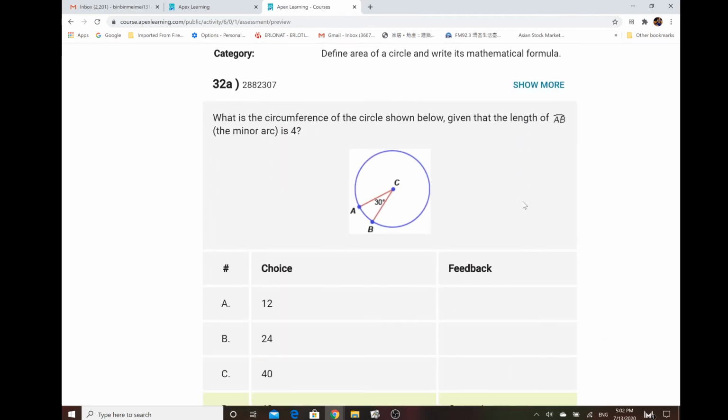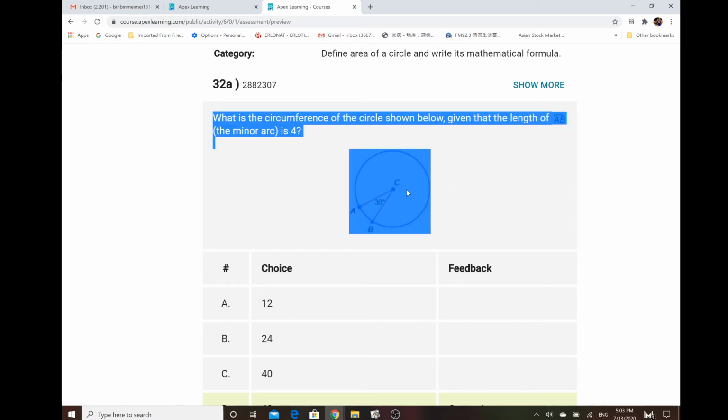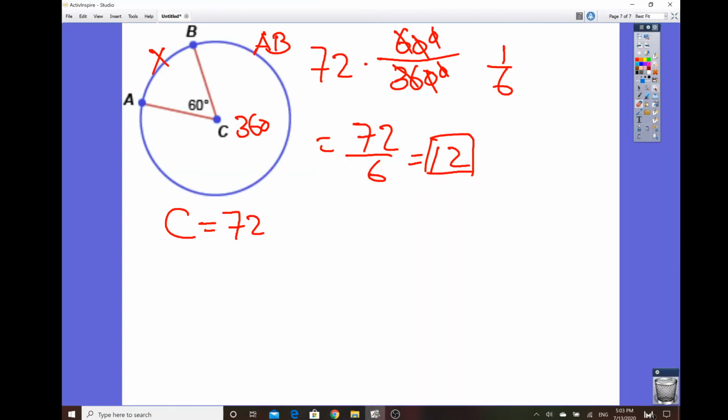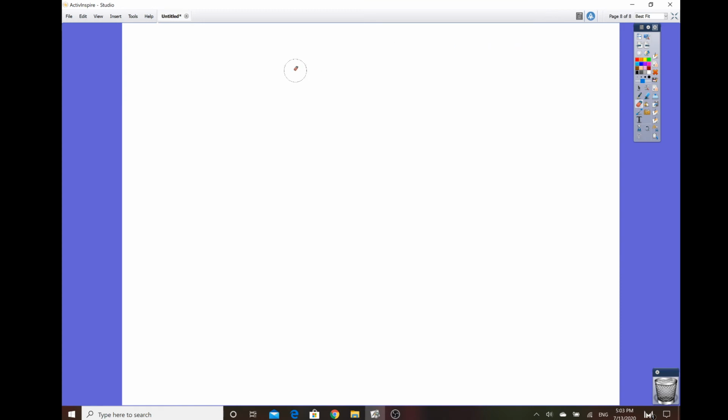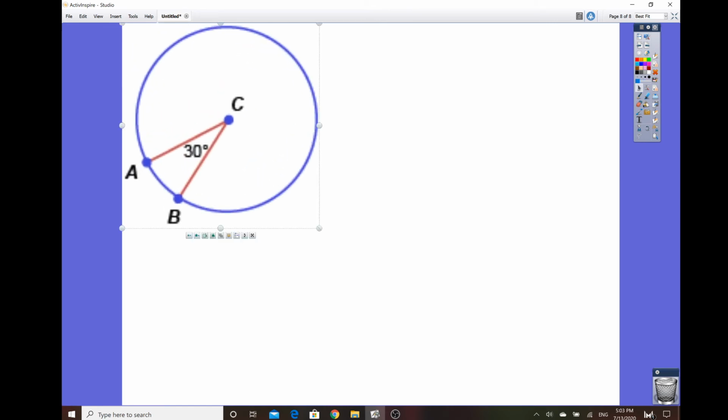And what's the circumference of the circle shown below? Given that arc AB, the minor arc, is 4. So the arc length here is 4. The way to do it, this one is just like going backward. Think about it this way. The way that we did it before was multiplication.